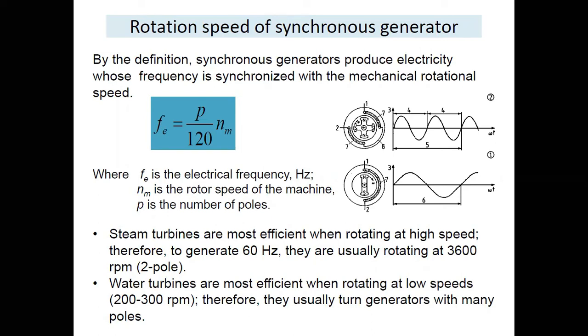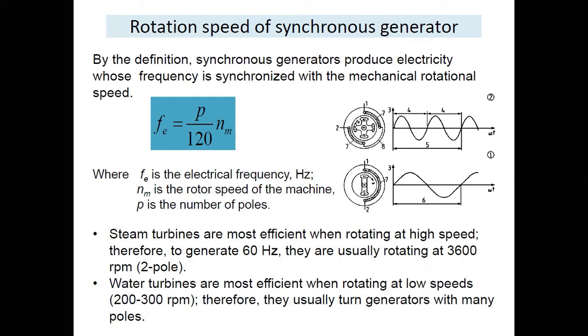Most steam turbines run at a speed near 3000 RPM for 50 Hertz and near 3600 RPM for 60 Hertz. These usually have two poles. Where we have low speed turbines, especially for hydropower plants, they run at around 200 to 300 rpm.